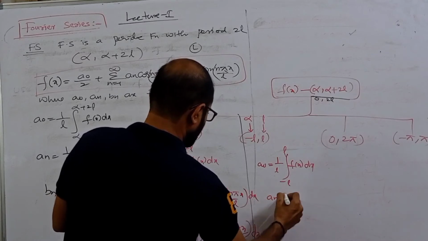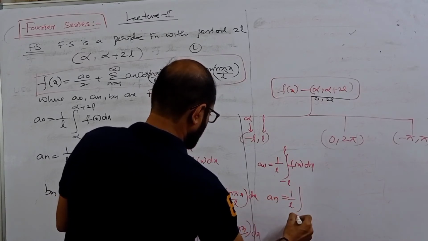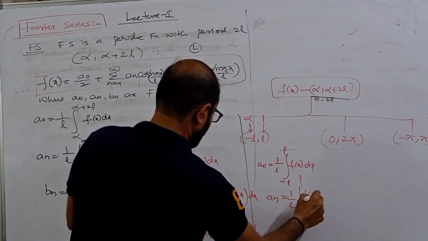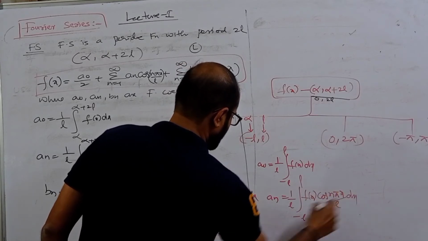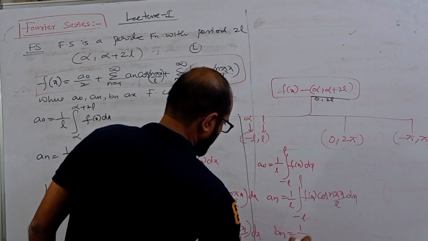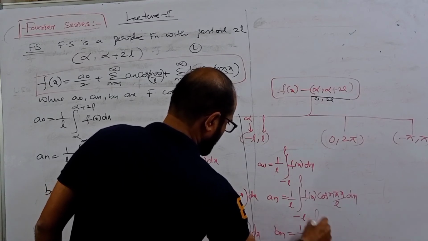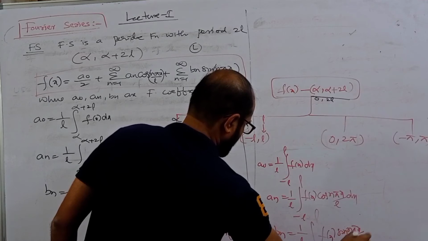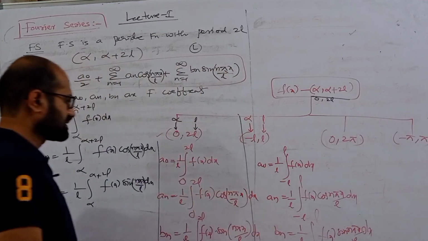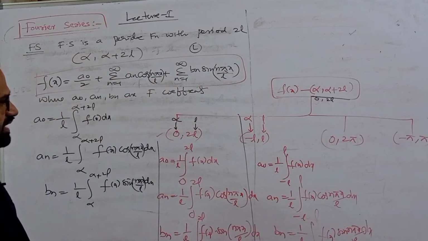Similarly, an is 1 by L, minus L to L, f of x into cos n pi x by L dx. bn is 1 by L, minus L to L, f of x into sin n pi x by L dx. You can write like this, right?